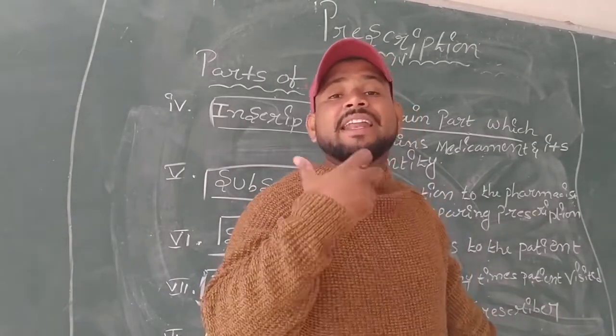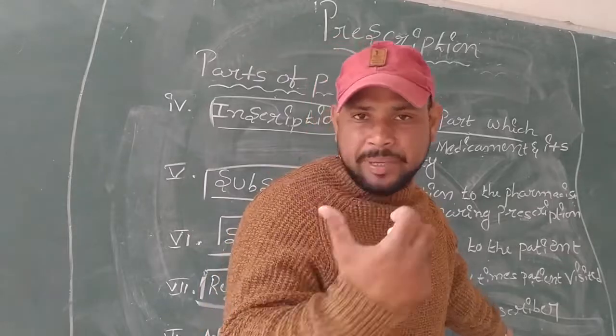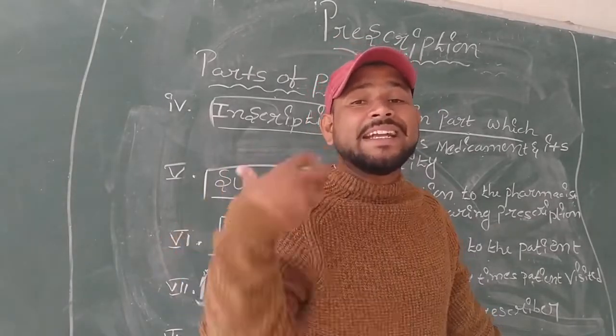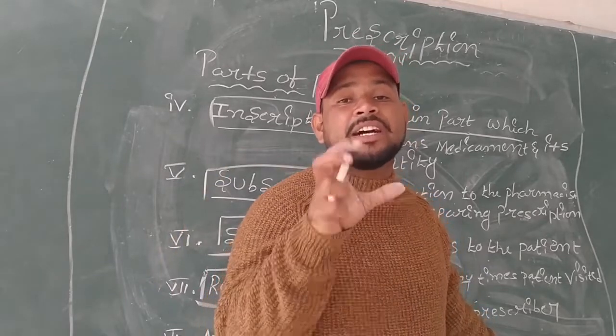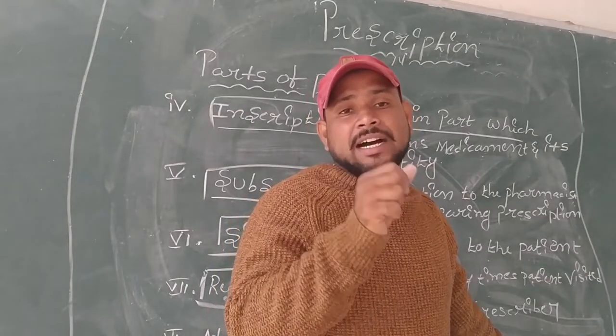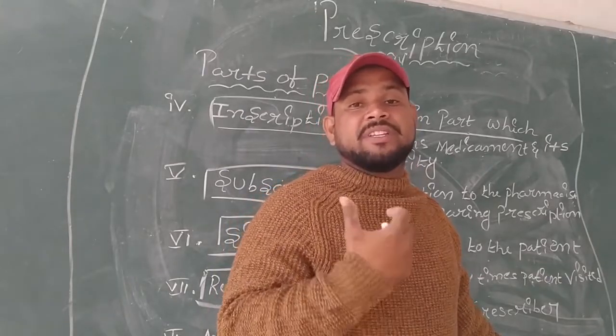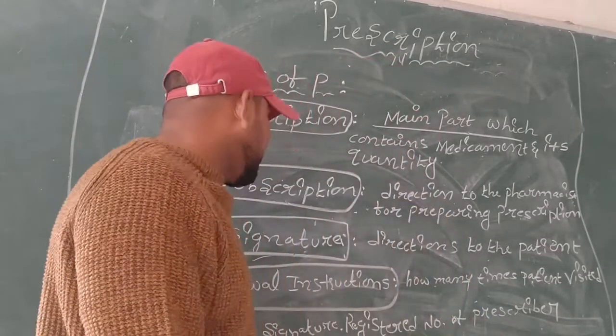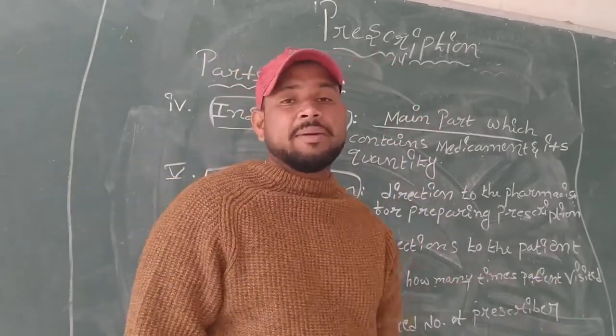Why? If any misuse or adulteration happened with the medicine, or if any contraindication happened to the patient because of the medicine prescribed by the doctor, then they can visit the hospital and conclude whether there is any problem. This is why the last part of the prescription is the address, signature and registered number of the prescriber.